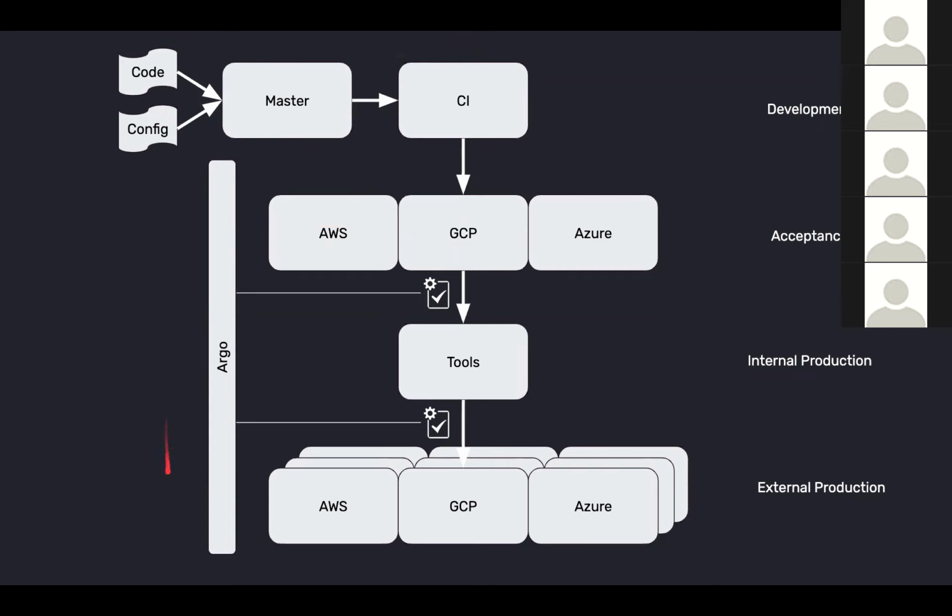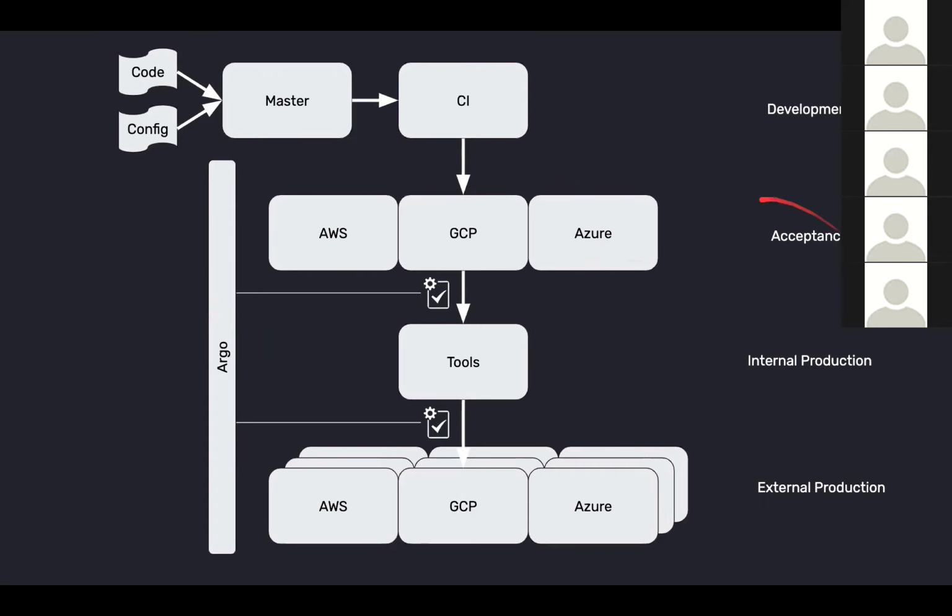And then we use this tool called Argo, which is a tool from Weaveworks. Argo notices that the master branch has been updated and then does phase one of the deployment, which is to what we call acceptance, right?